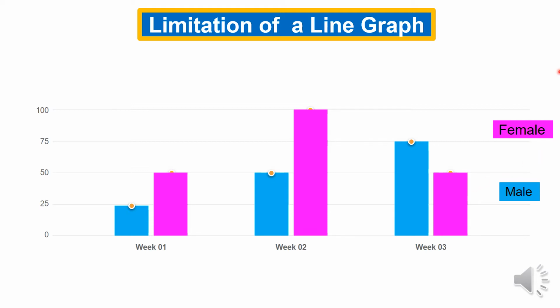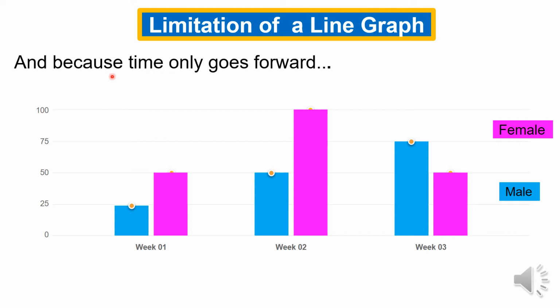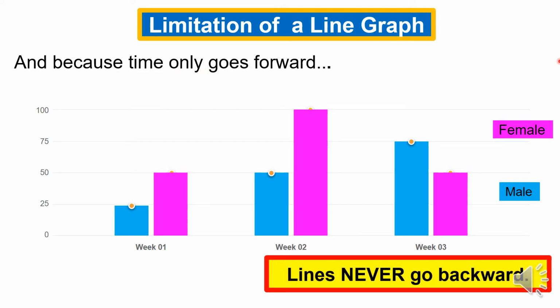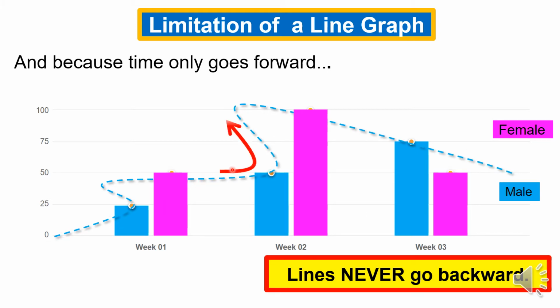What are the limitations of a line graph? Because time only goes forward, lines never go backward. So let's say, for example, we have this bar graph and you try to convert it into a line graph. If we use this one, as you can see, there is a line here that goes backward.